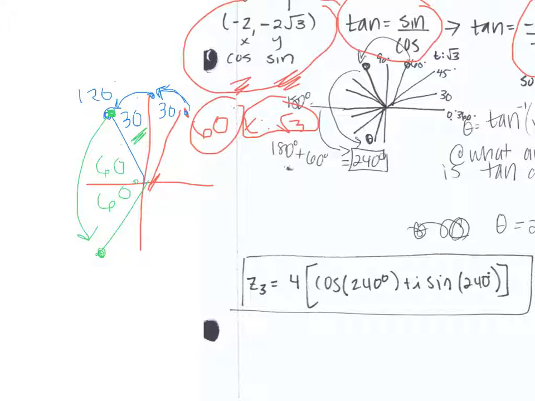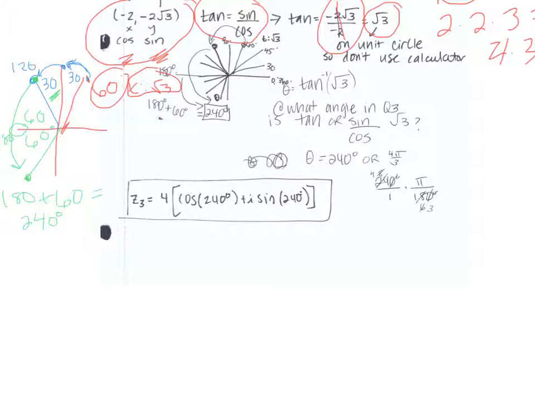Therefore, if this spot is 180, we can do 180 plus 60 would get us to 240 degrees. This makes sense because in quadrant 3, our values need to be between 180 degrees and 270 degrees. Make sure it makes sense.